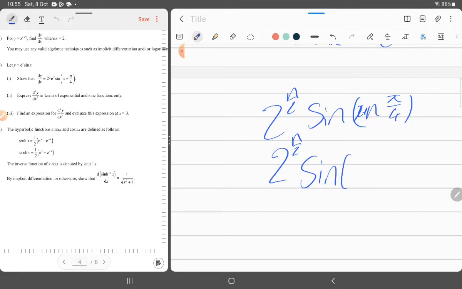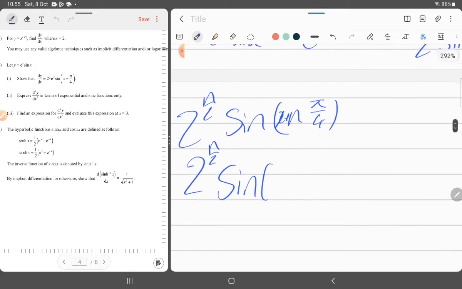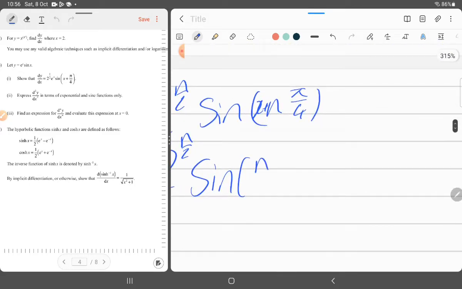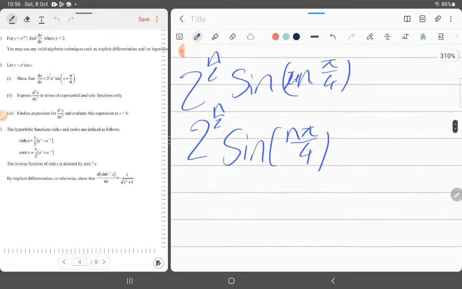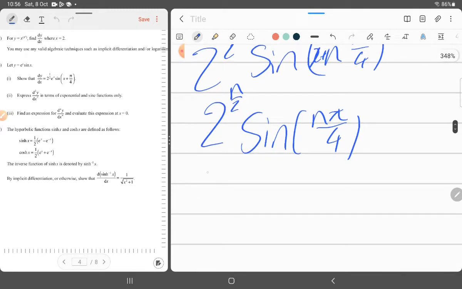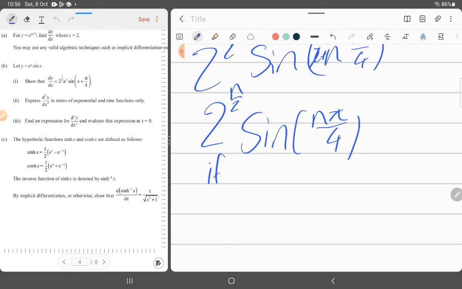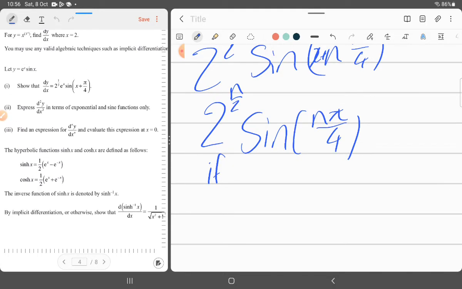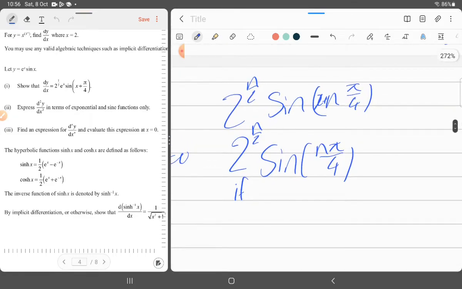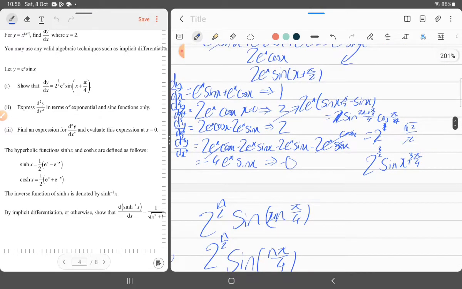So at x equals 0, the x just turns into 0, so n pi over 4. So yeah, actually no, this is just the function. Right, this is just right.